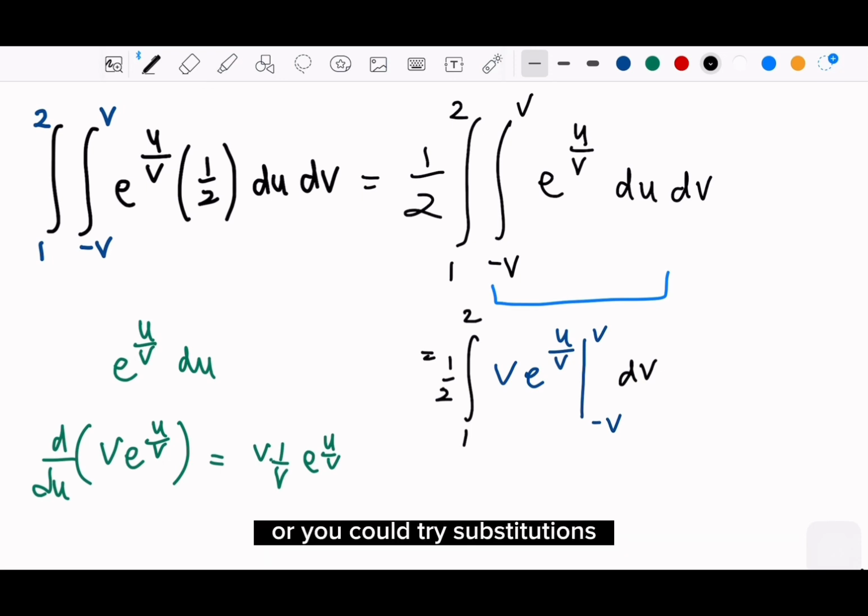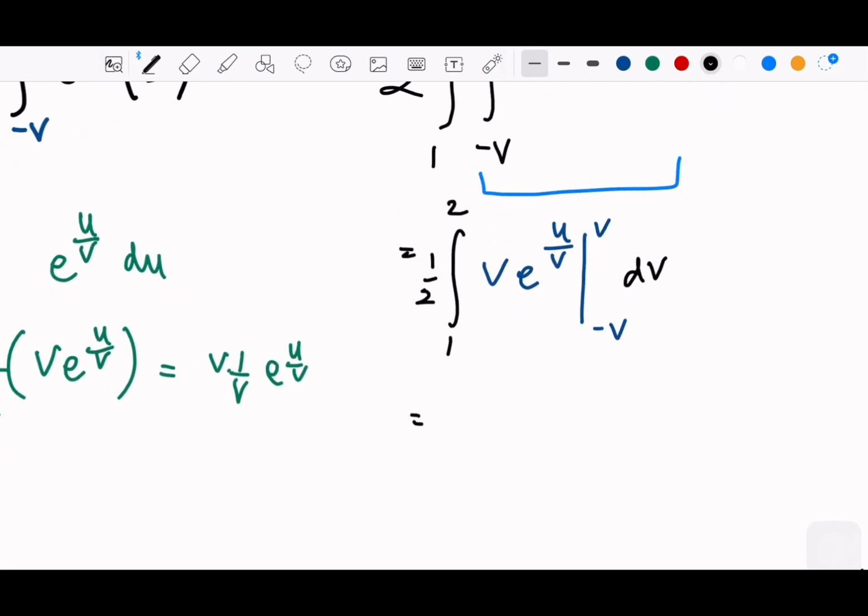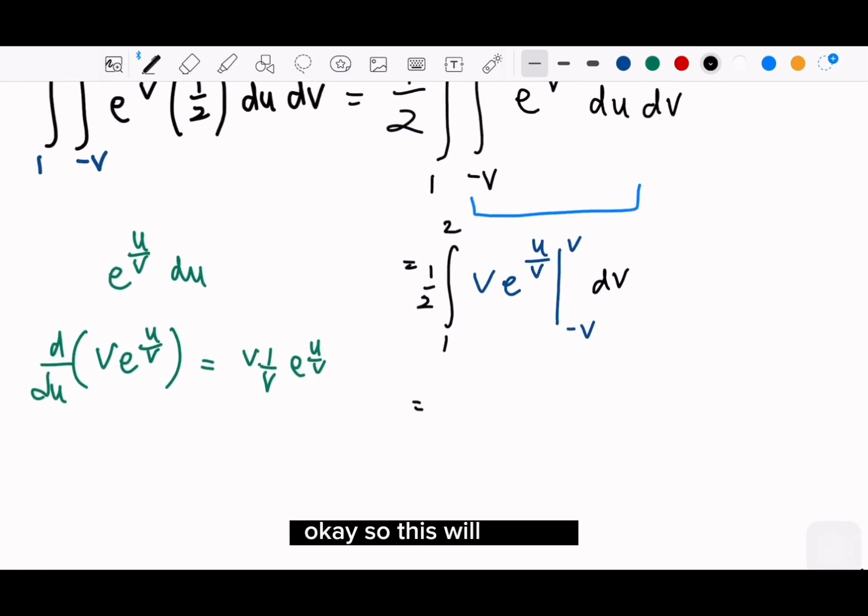Or you could try substitutions, or just, I think if you are already sometimes in integrations, if we went back to our calculus 1, we could try some guessing method, okay, and then you try to differentiate whether it will be your integral or not. Okay. That can also apply here. Okay, so this will be half.